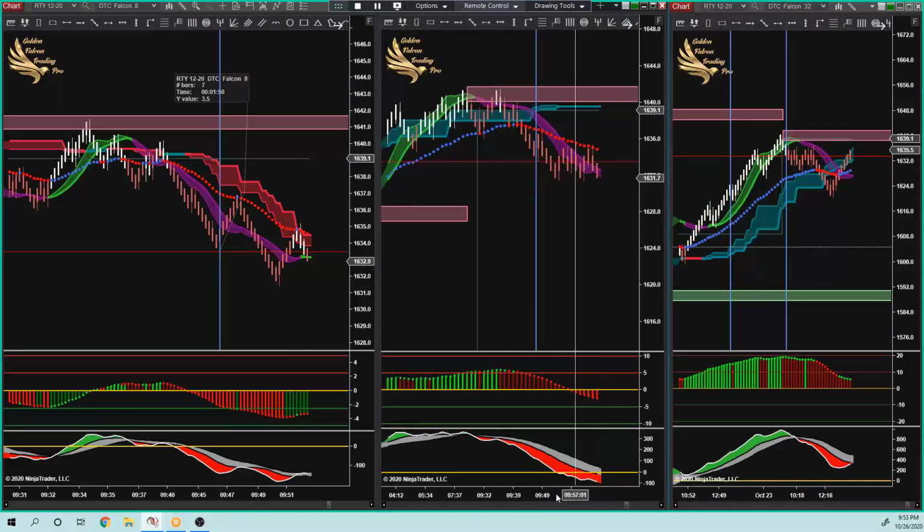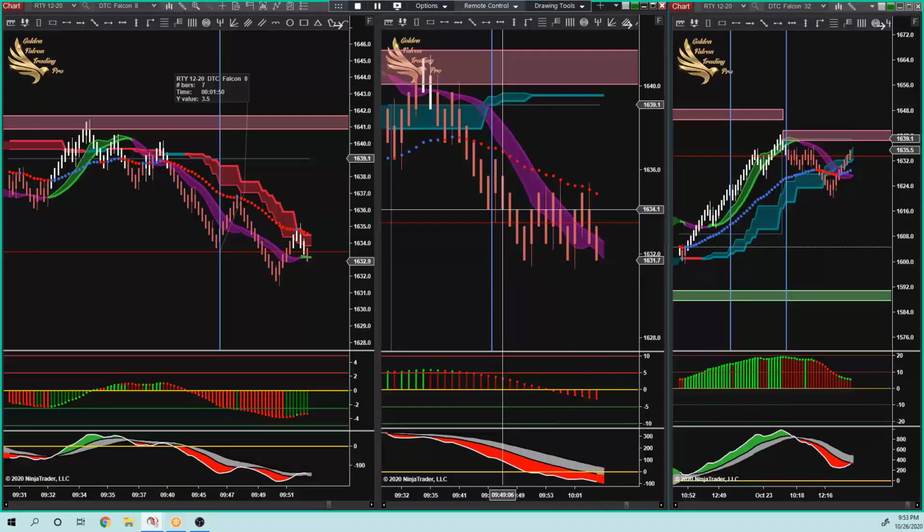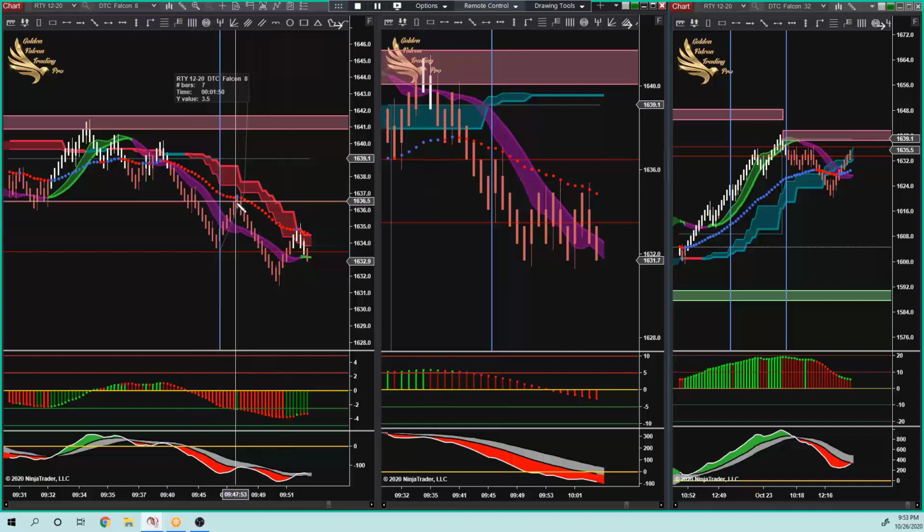If you want to see how these bars are created, you do this exercise. This bar stopped here because this is a wick up. That means it broke above it. So when the price got just one tick above this red line, it would have then created this wick bar up.